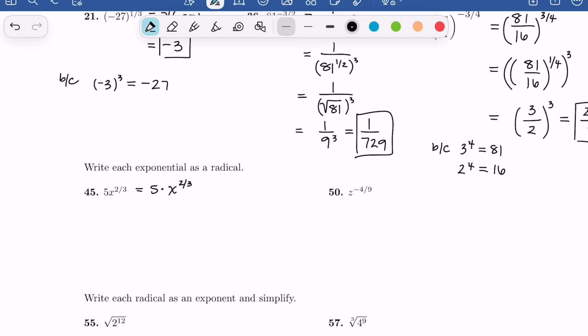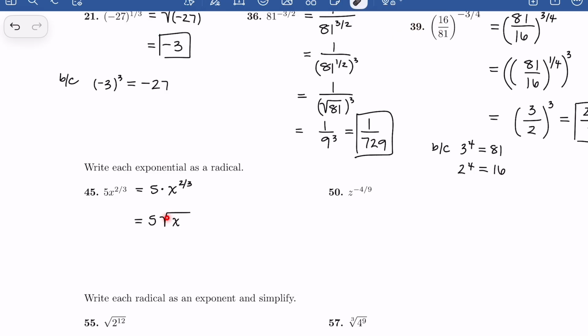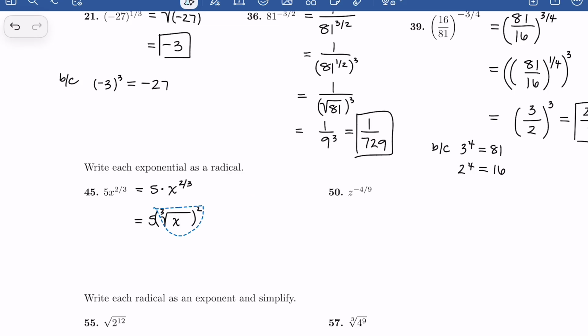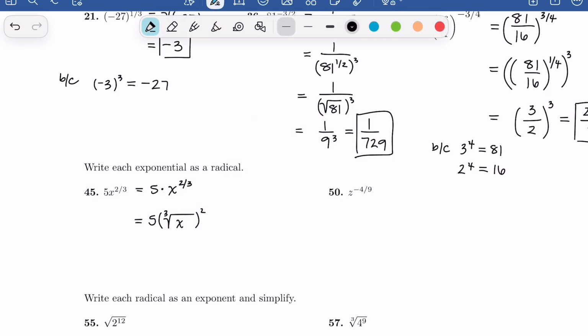So I'm going to have this 5 on the outside, then my radical with x underneath. The nth root is given by the denominator in my exponent, so this is going to be the third root of x, and this entire thing is raised to the second power. That would be this written as a radical expression.